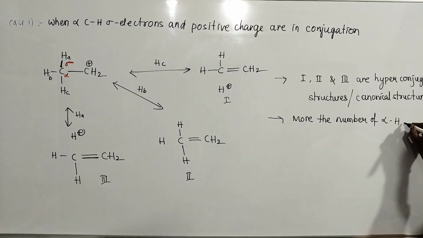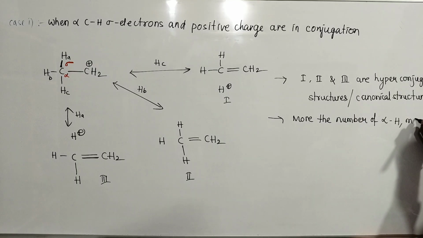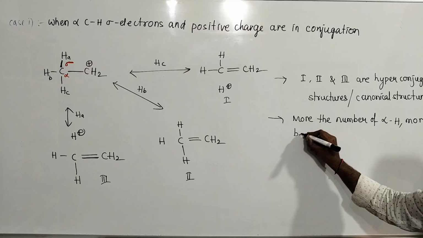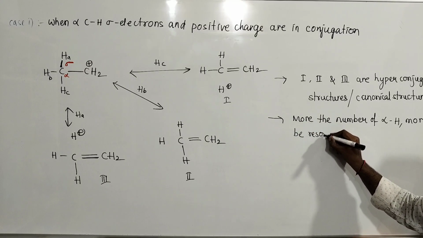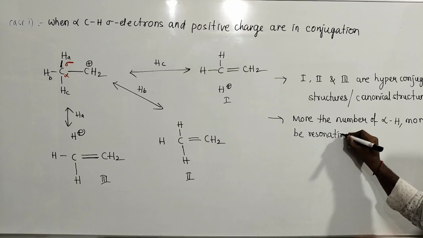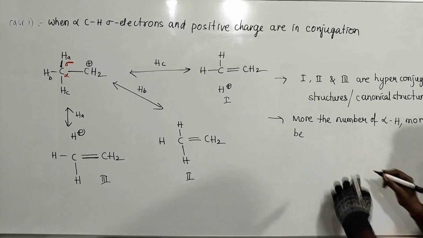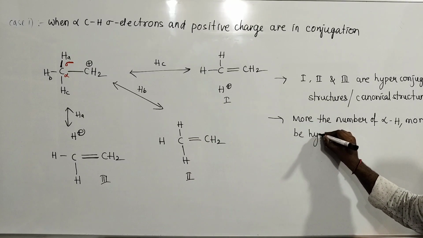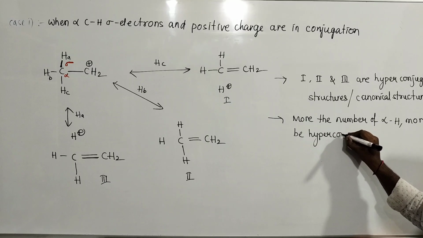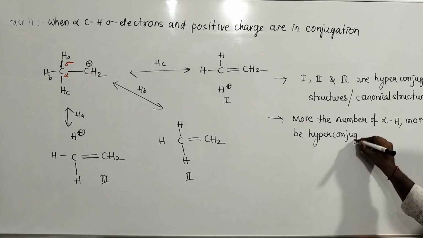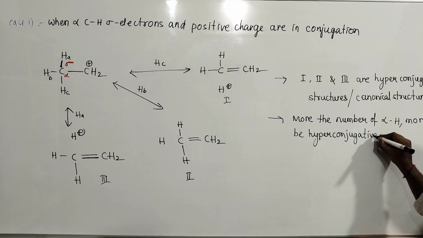More the number of alpha hydrogen, more will be hyperconjugative structures, not resonating structures.